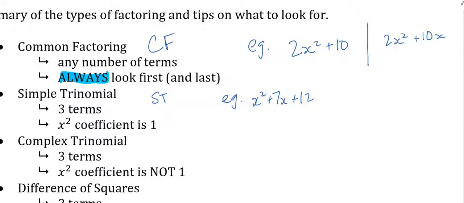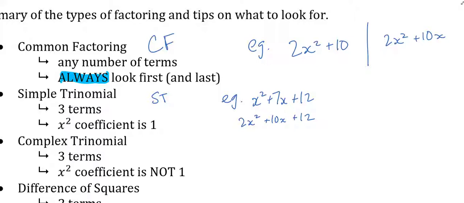What about this example? 2x squared plus 10x plus 12. This one has a common factor of 2, and then it's going to be a simple trinomial, which is factorable. So this is what I mean.